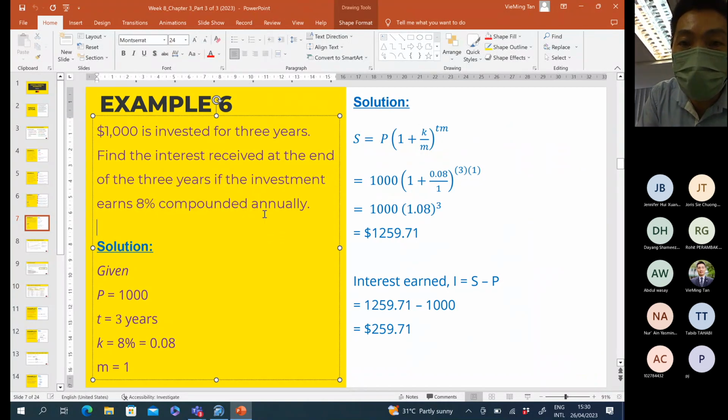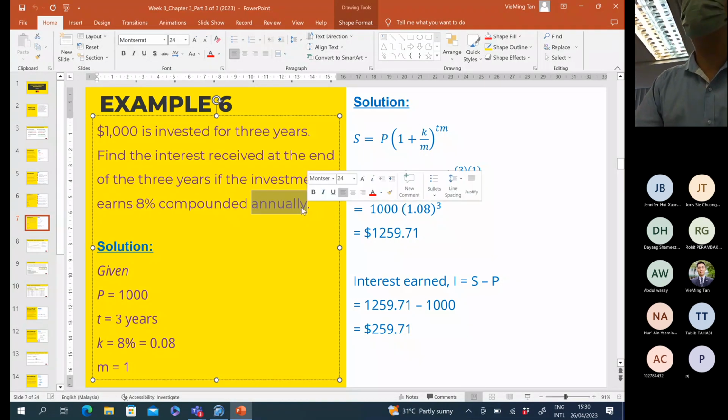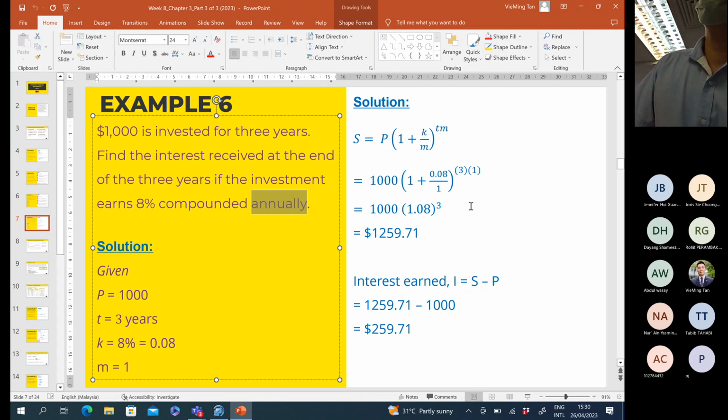M is from where? From this word, annually. Annually means in a year, interest will be given one time only, every year. So M is equal to 1. The power value for the M here is also 1. T is 3 years, right? The investment period is 3 years.